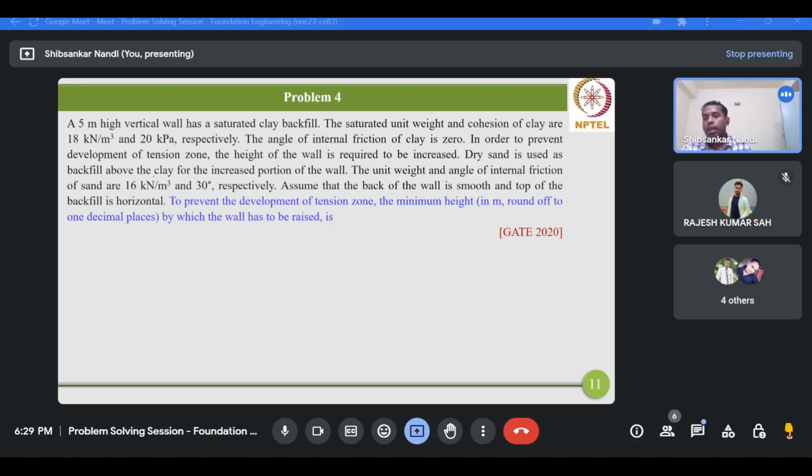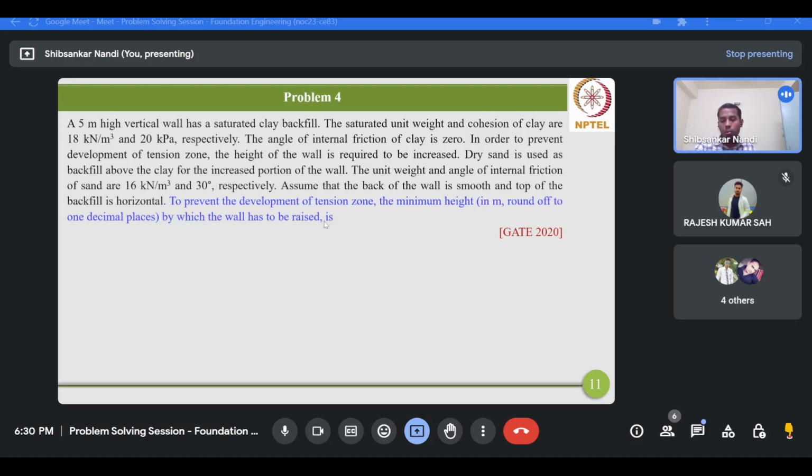Dry sand is used as backfill above the clay for the raised portion of the wall. The unit weight and angle of internal friction of sand are 16 kilonewton per meter cube and 30 degrees respectively. Assume that the back of the wall is smooth and top of the backfill is horizontal. To prevent the development of tension zone, the minimum height in meter, rounded up to 1 decimal place, by which the wall has to be raised is.